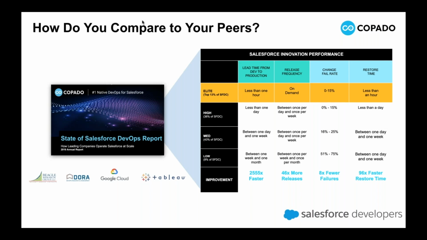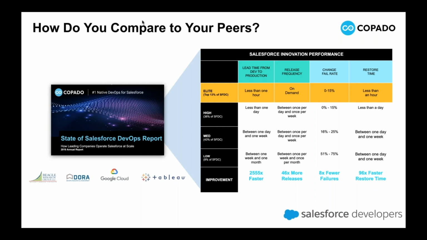Bottom line, best practices. You have the elite, which is the top 13% in Salesforce. You have the high performers, the top 36%. We believe as a best practice, you really want to be in that top 50%. So in terms of your lead time from development to production, you really want to be within 1 hour to 1 day.